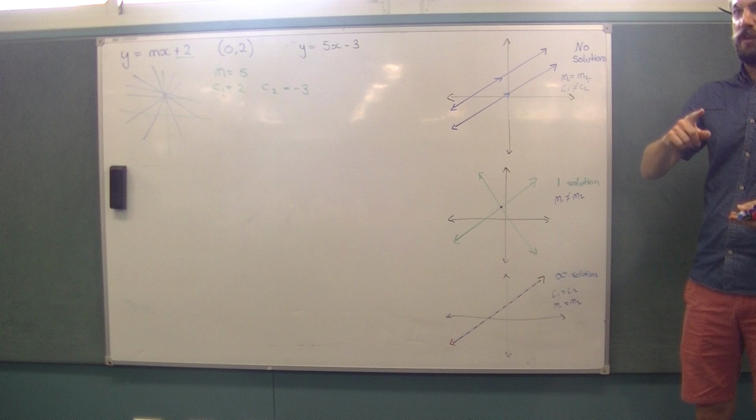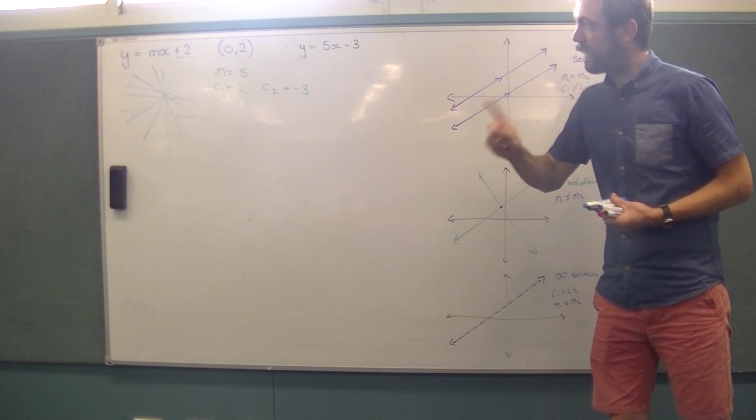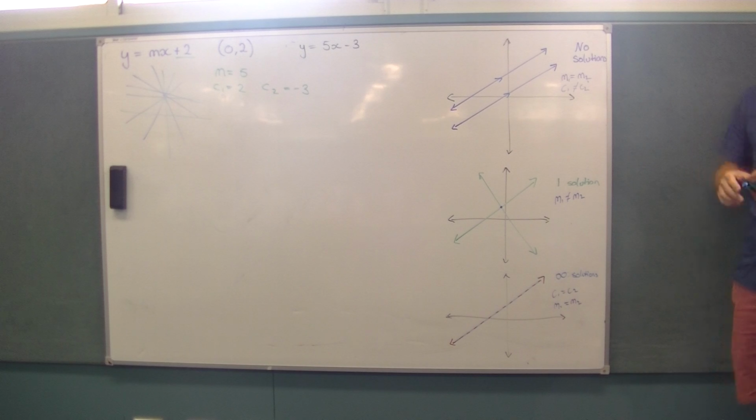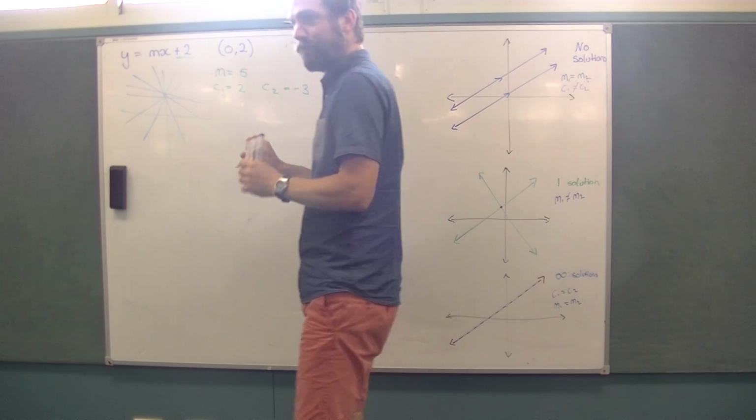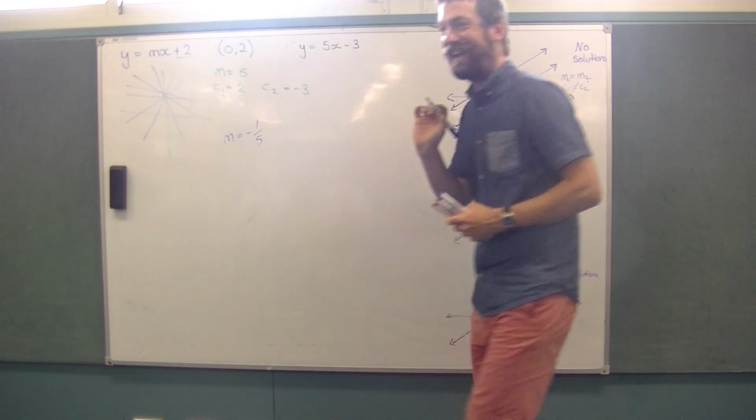Alright, so now the question: when would it have one solution? When the gradient's -1/5? When the gradient's anything other than 5. Is -1/5 the only possible value? Anything but 5.